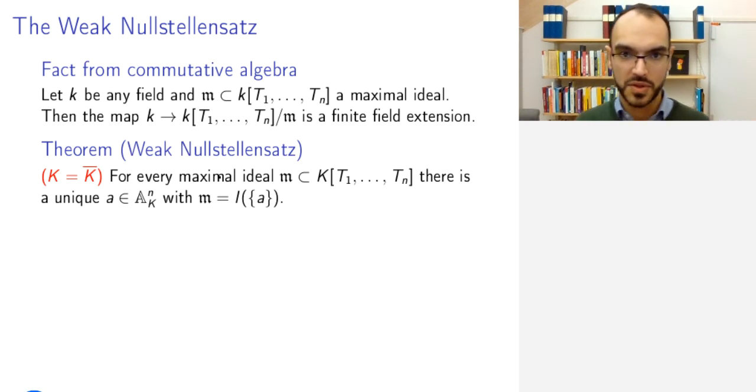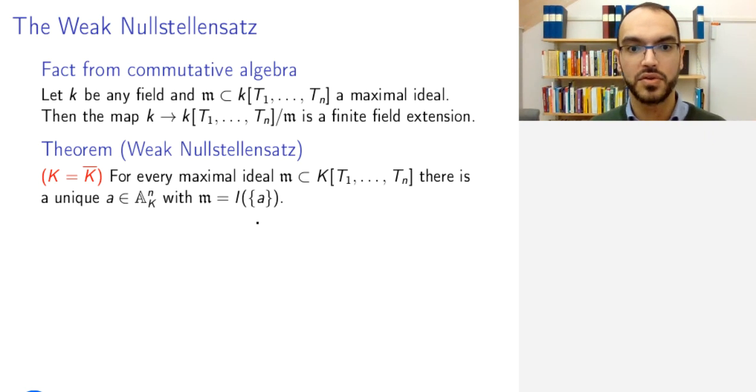So the weak Nullstellensatz says that any maximal ideal is the ideal of some point. And therefore any ideal, not necessarily maximal, since it is contained inside a maximal ideal, will have zeros. More zeros the smaller ideal you take, but it will always have zeros. Zeros will always exist.